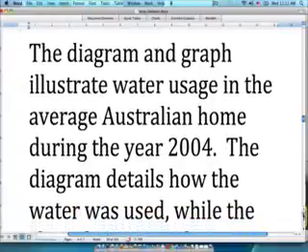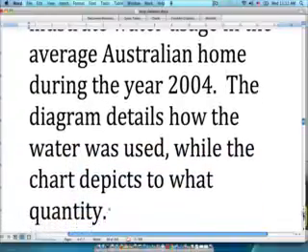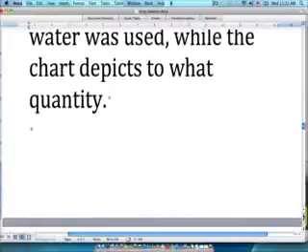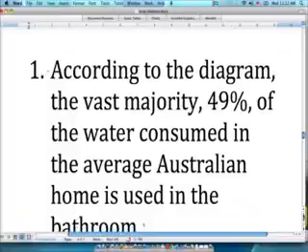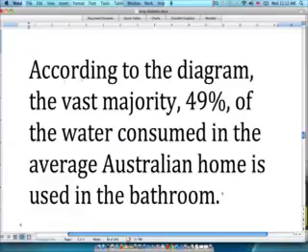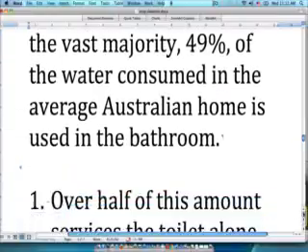The diagram details how the water was used, while the chart depicts to what quantity. So that's our opening paragraph. Then we get into our paragraph about the diagram. According to the diagram, the vast majority, 49% of the water consumed in the average Australian home is used in the bathroom.